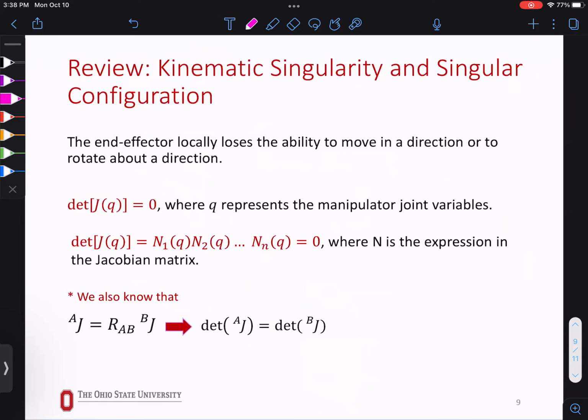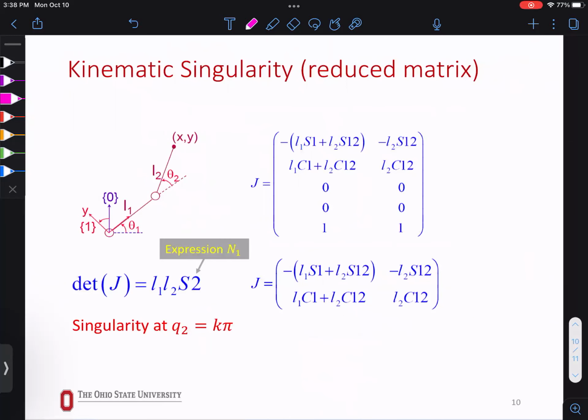So for the singularity, I think I never talked about it, especially the example. I'm still creating it because I'm reading through everyone's submission. But we saw in the two-link example that our Jacobian is 6 by 2, right?